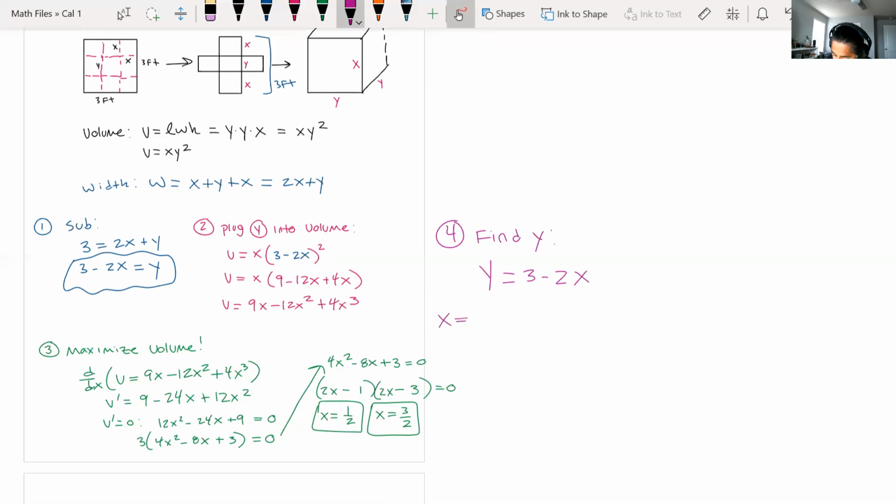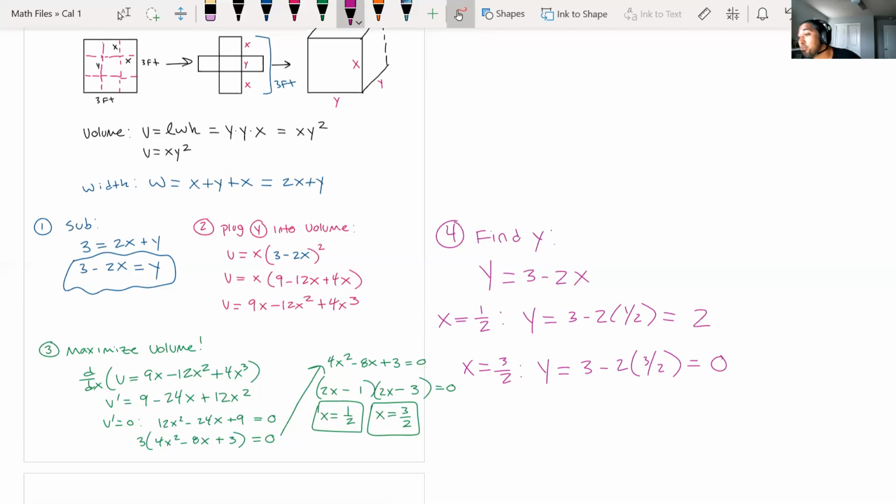At x equals 1/2, you get y equals 3 minus 2 times 1/2, which will give us just 2. And for x equals 3/2, you get y equals 3 minus 2 times 3/2, and that'll actually give you 0.